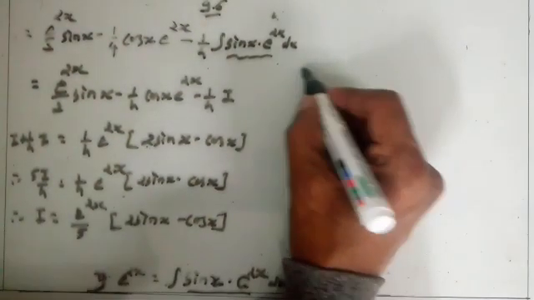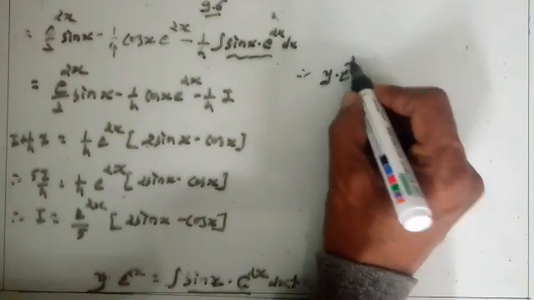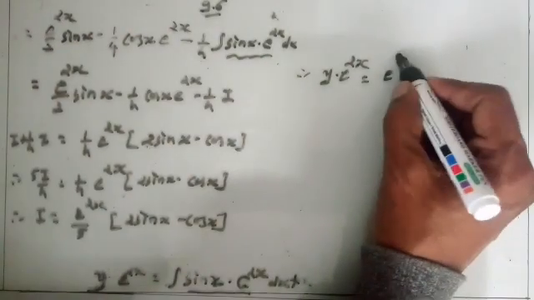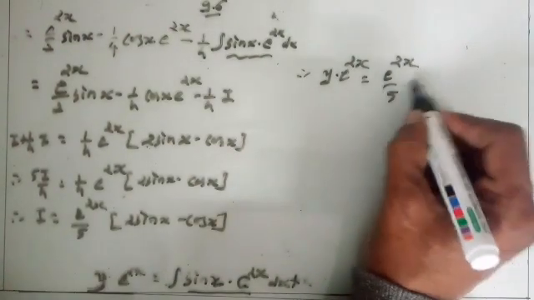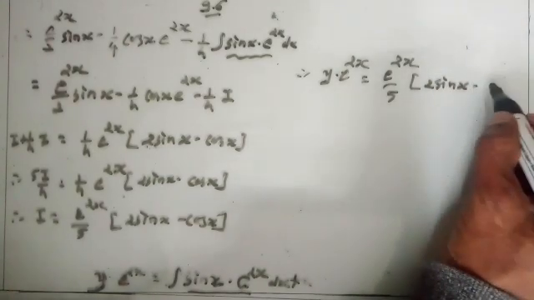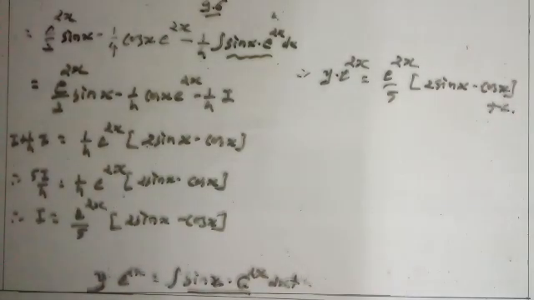So the solution becomes y into e raised to 2x is equal to e raised to 2x upon 5 into 2 sin x minus cos x plus c. Clear? Solution.